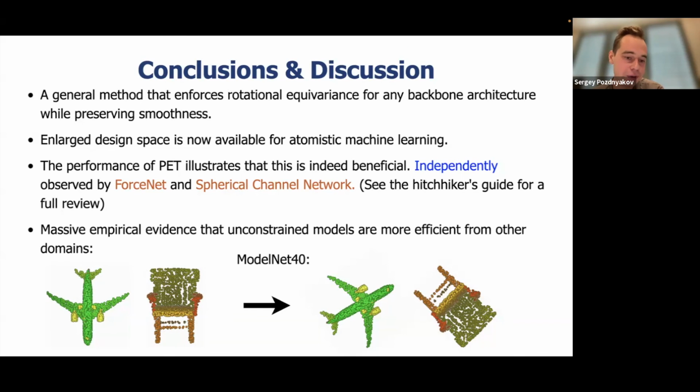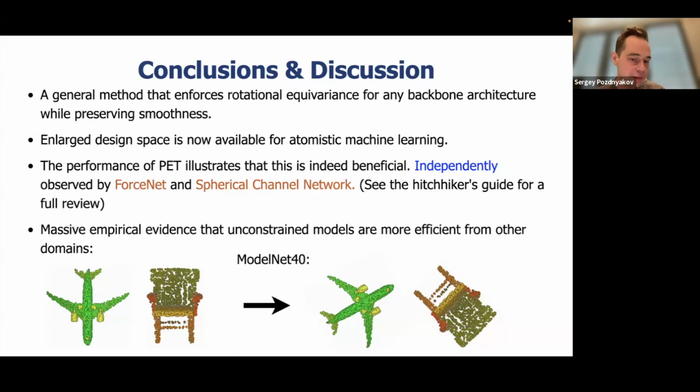We can observe that if we rotate our plane in space, it doesn't turn into an armchair, and vice versa. If we rotate our armchair in space, it doesn't turn into a plane. So in other words, our ground truth target is invariant with respect to rotations.